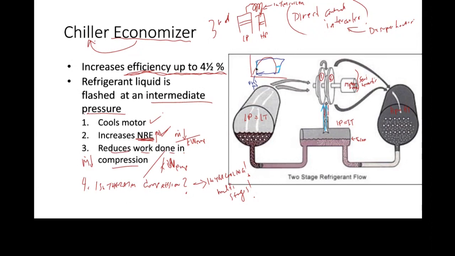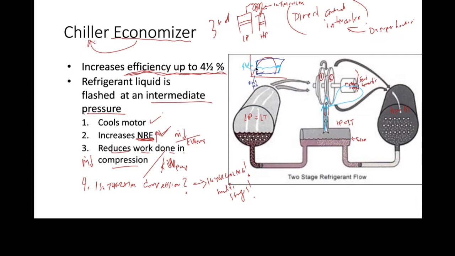I put it in to the evaporator and a certain amount flashed. The amount that flashed, the kilograms that flashed, are going to absorb heat basically by going through the motor and then into that in-between stage, and it's going to cool off the refrigerant in between the stages of compression.